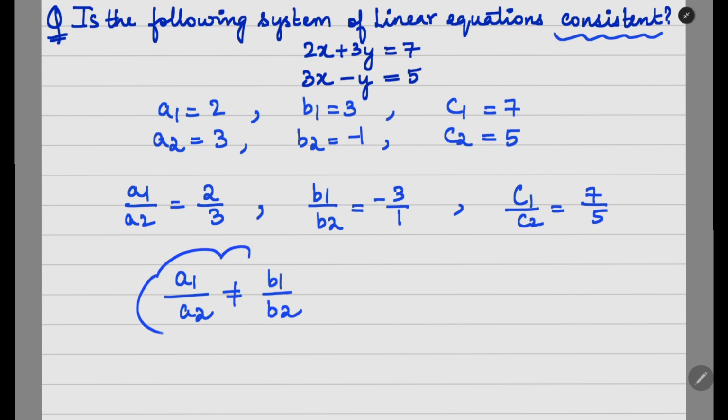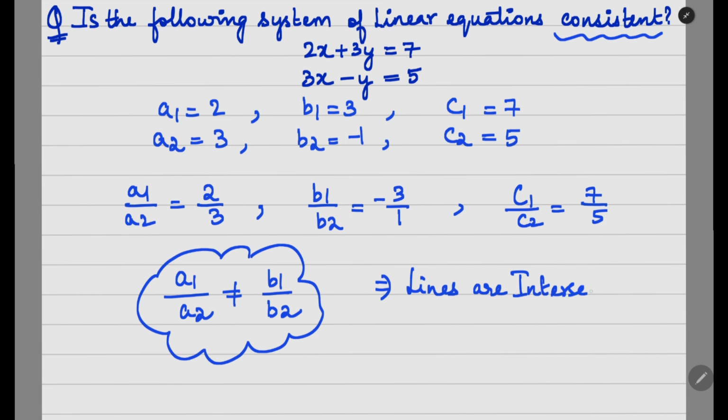Whenever the x coefficient ratio and the y coefficient ratio are not equal, that means the lines are intersecting. And the system of linear equations is nothing but consistent. That's the nature.